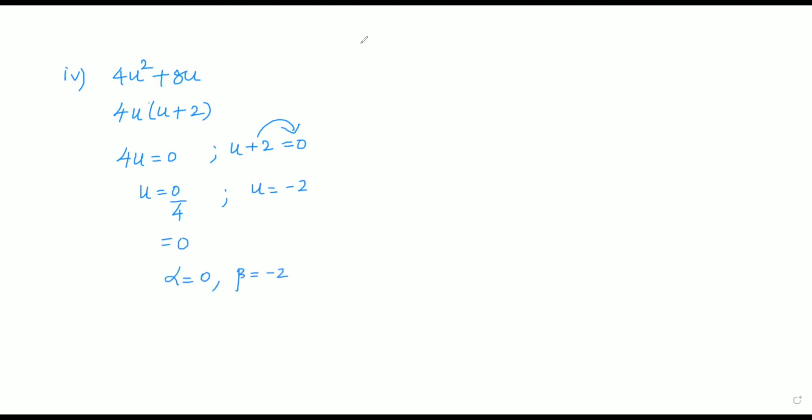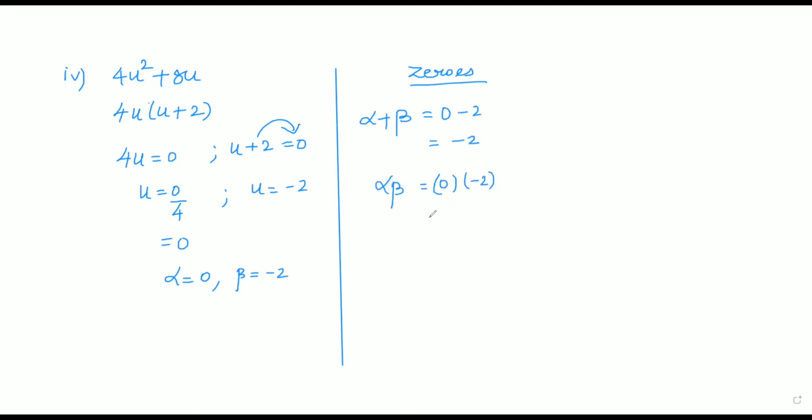Let's start the verification now. First, let's do it for zeros. Alpha plus beta equals 0 minus 2, which is minus 2. Alpha beta is 0 into minus 2, which is 0. Let's cross check it with the coefficients. We have to verify it with coefficients. So before we start, first let's write what the A value is.